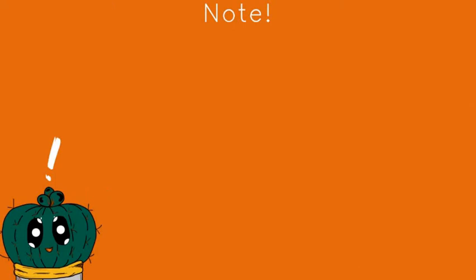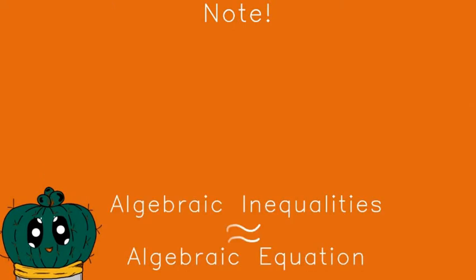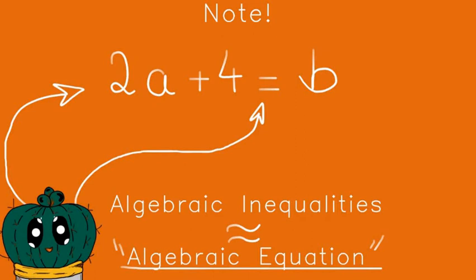A small side note: algebraic inequalities are a lot similar to algebraic equations. For example, we have 2a plus 4 is equal to b, and the only thing that differentiates an equation from an inequality is the symbol.